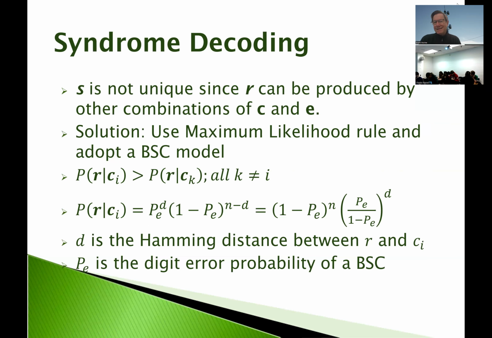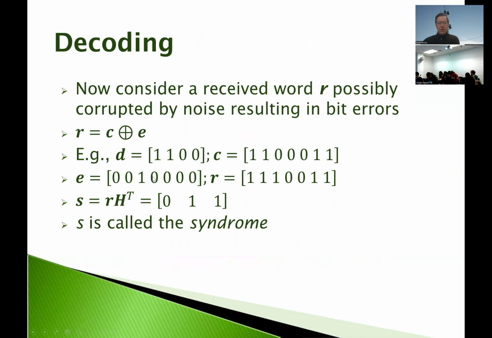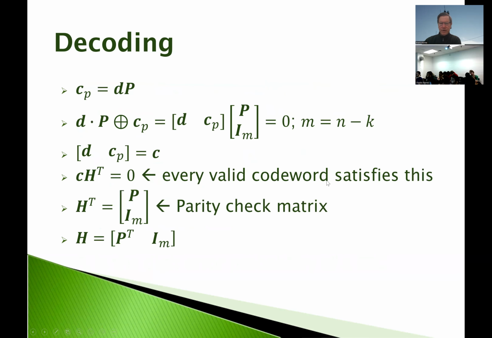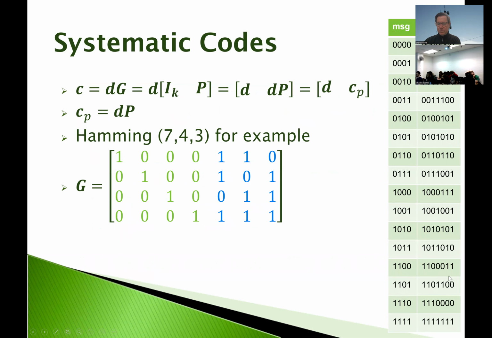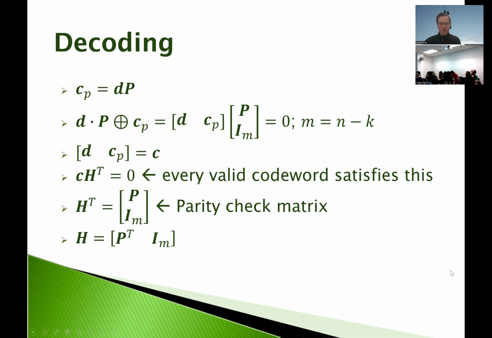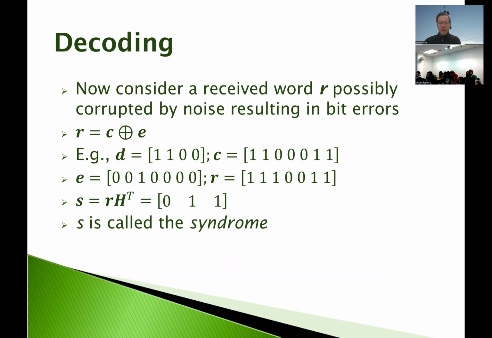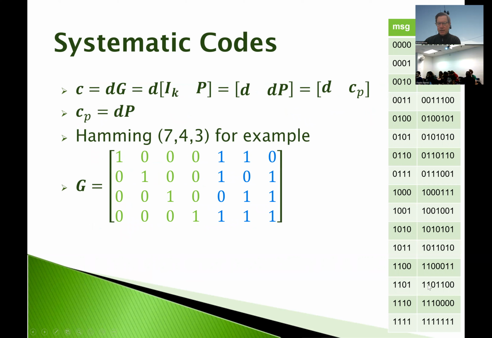So the problem is S is not unique, since R can be produced by other combinations of C and E, right? So if you look at this, R is 1, 1, 1, 0, 0, 1, 1. Okay, well, let's go back to that table. 1, 1, 1, 0, 0, 1, 1. Okay, so that kind of looks like this one, right?